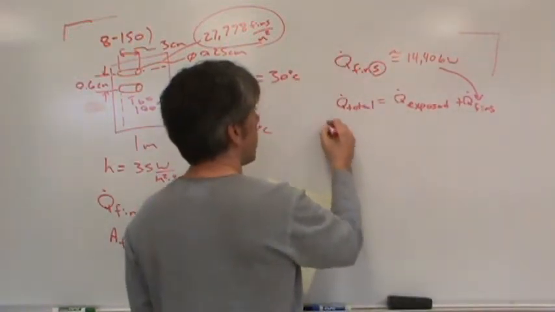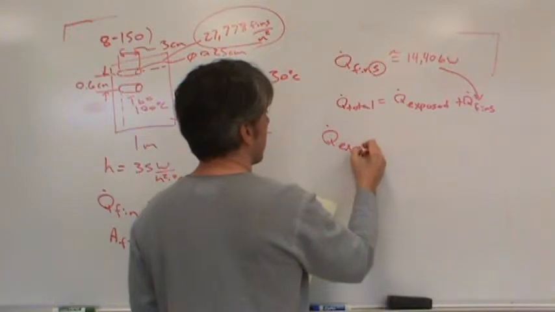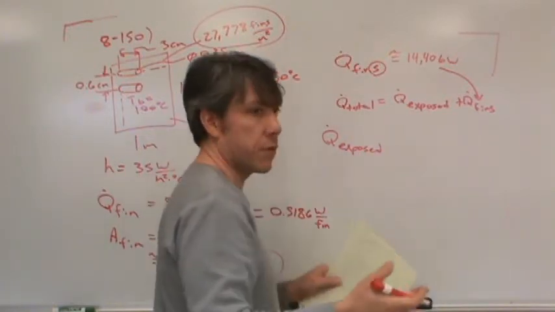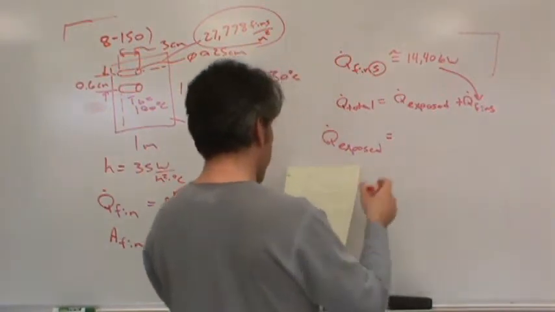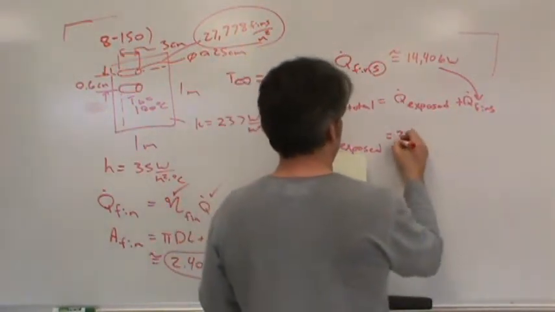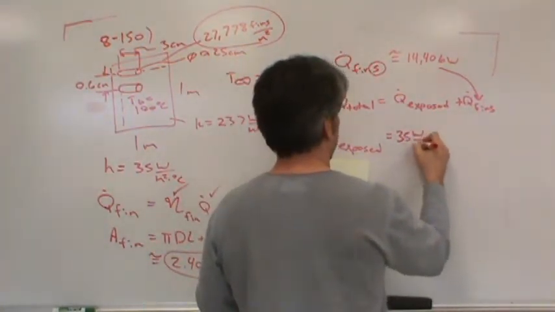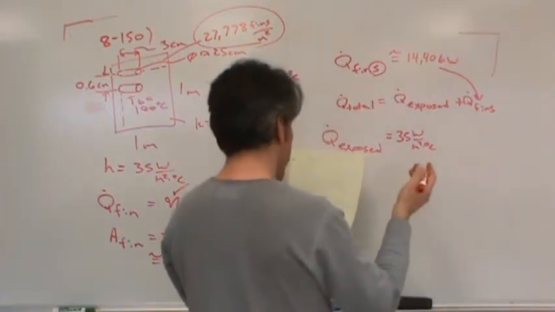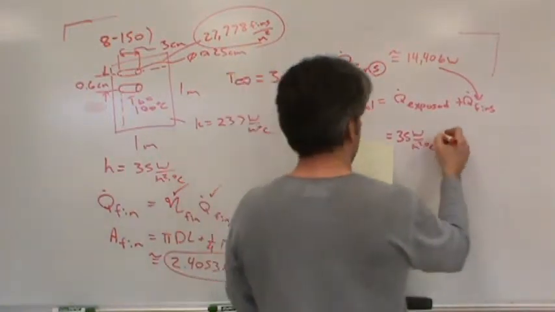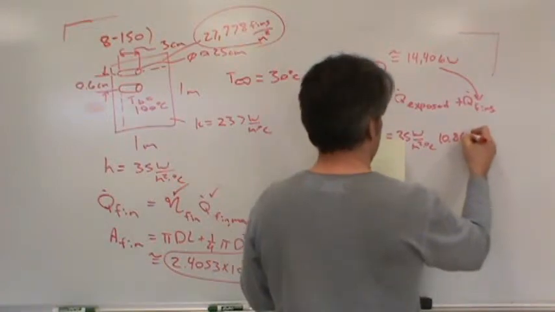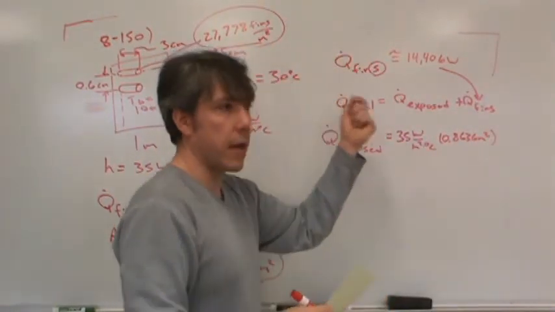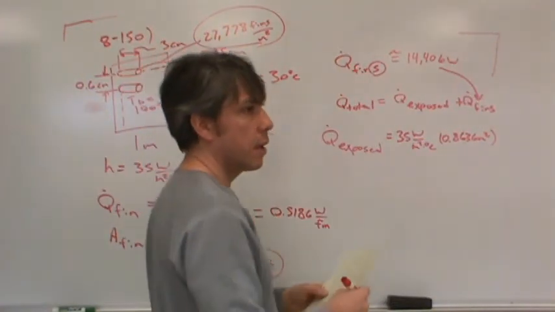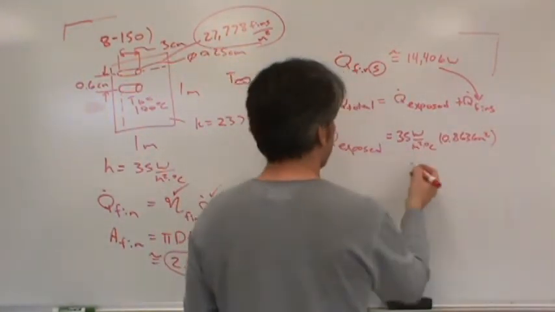So I calculated the exposed heat transfer rate, or the heat transfer rate from the area without the fins, as, I'll just plug in the numbers so you can see it, 35 watts per square meter per degree Celsius. The base area, I'll let you prove this to yourself, is 0.8636 square meters. That's the area outside of the fins, okay? And so you should be able to get that on your own.